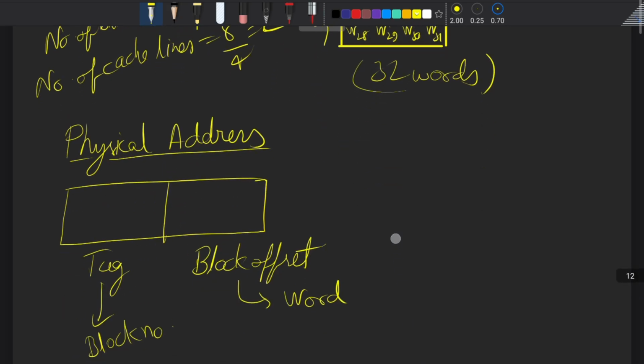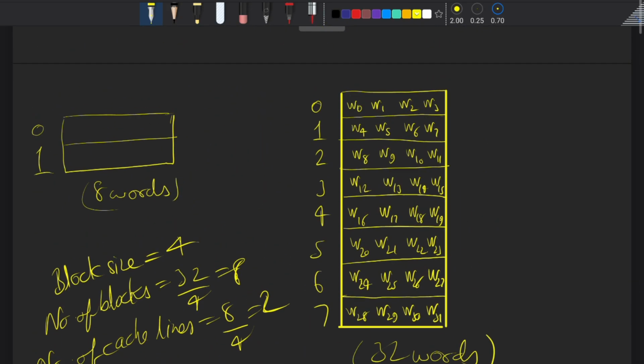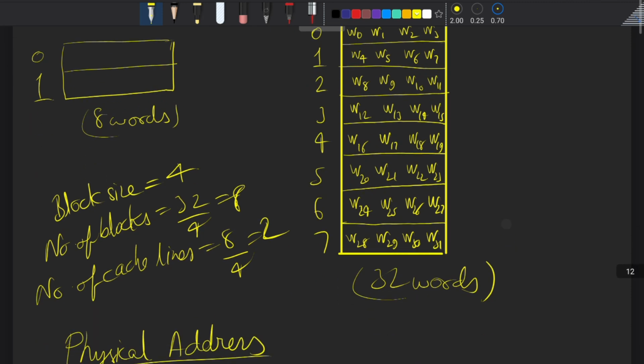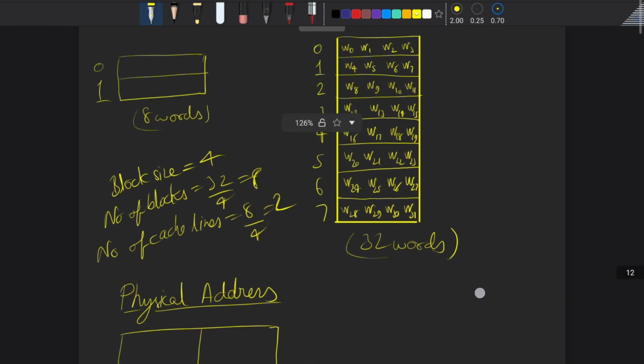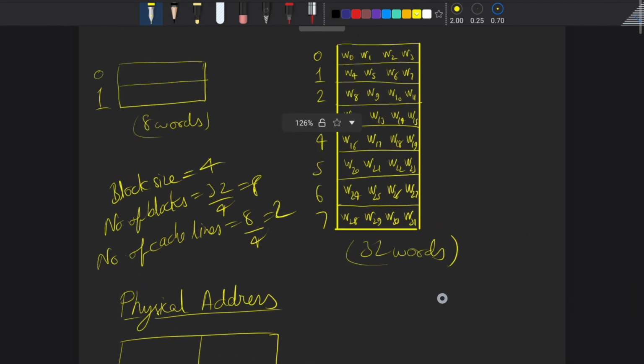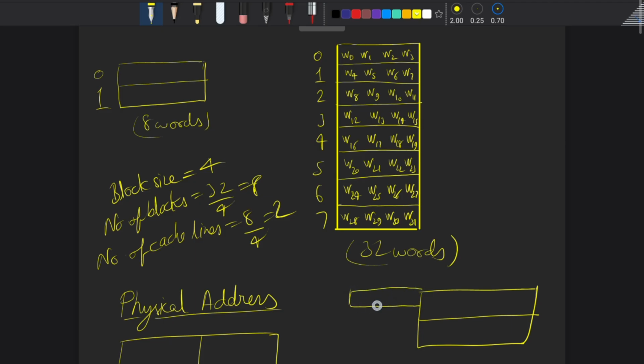So now let's look at this example. Let's assume that right now in our cache memory we have address 010, this is the tag bit, and 100.